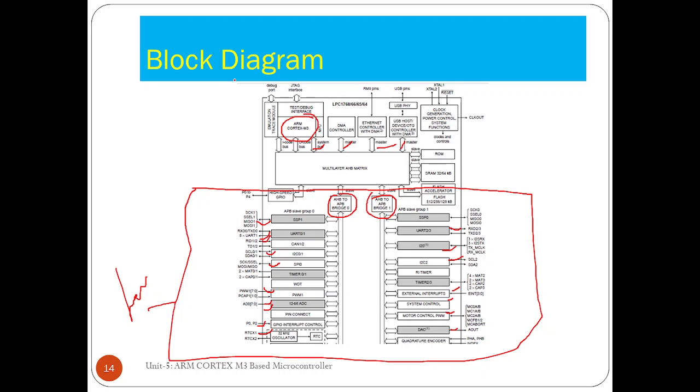And this diagram, if you understood it, you understood most of the ARM Cortex things. So one part is the peripherals connected on chip and another part is the controlling.